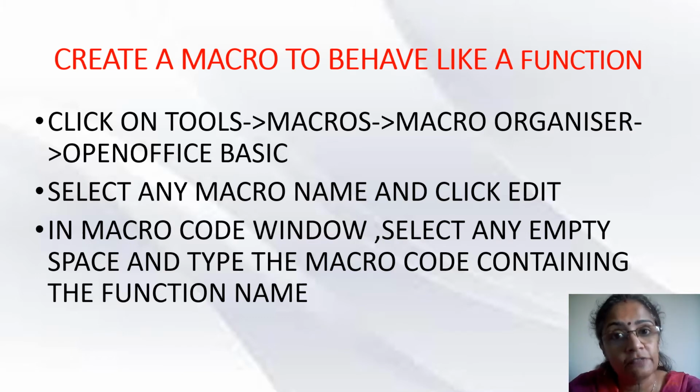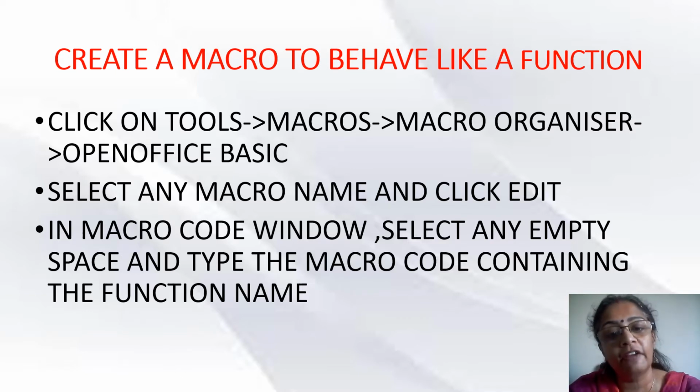In the previous class we only recorded a macro and ran it. That means we only did the steps, recorded and saved that macro, and ran it. In today's class we are going to actually write the code to create functions which can act as a macro.